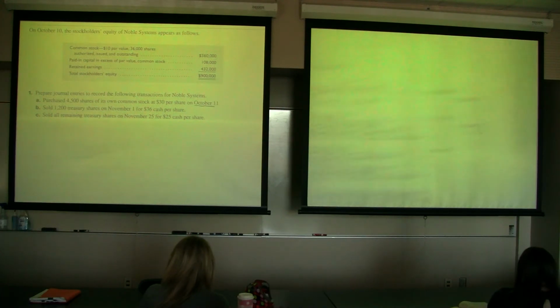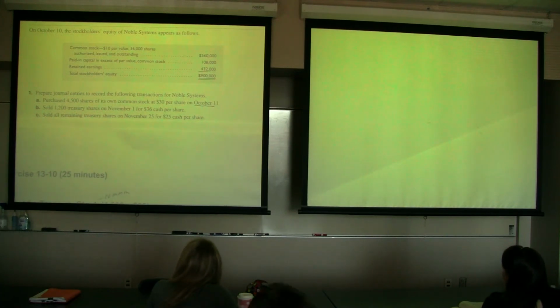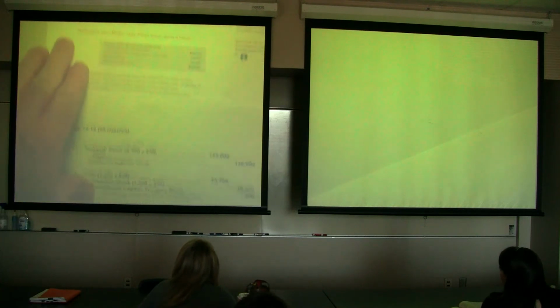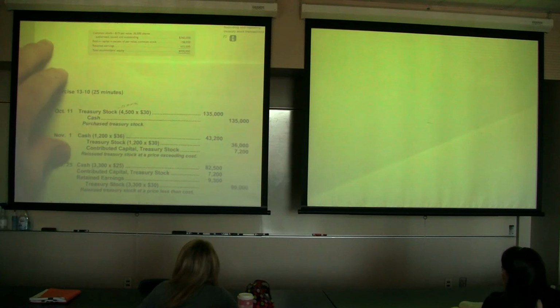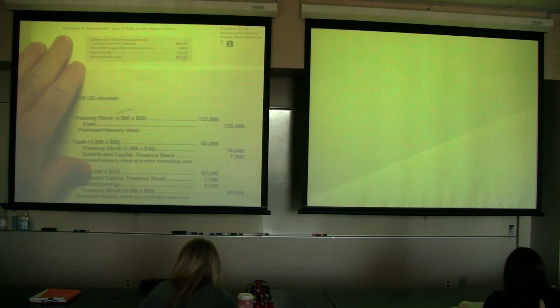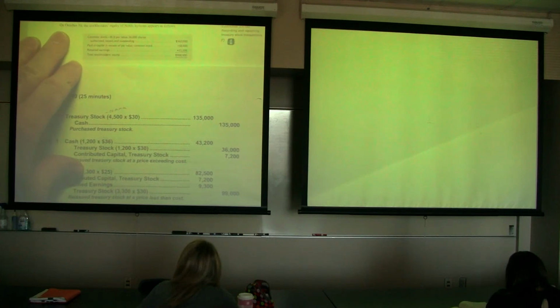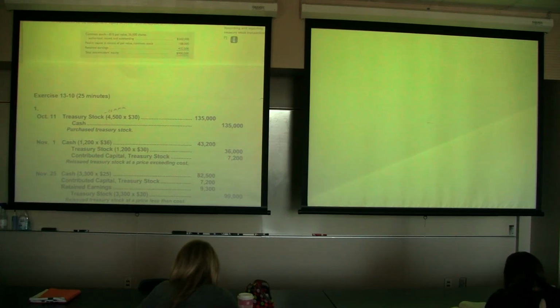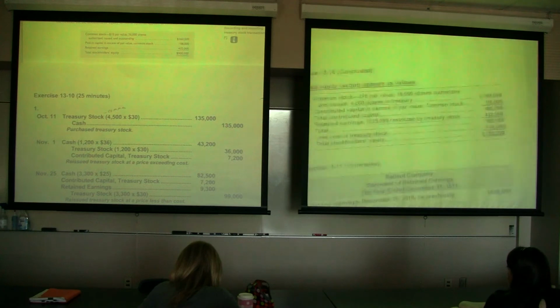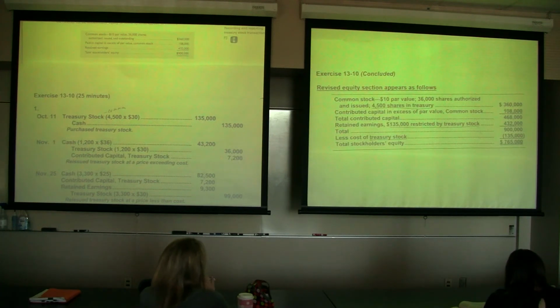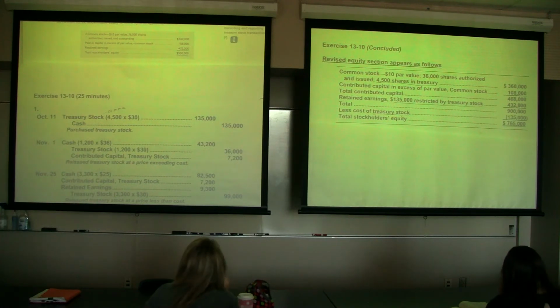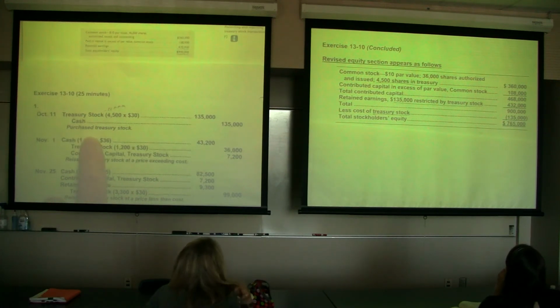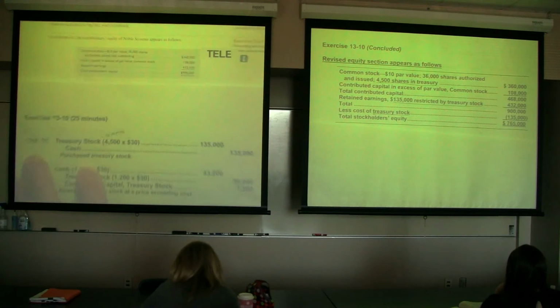So now I'm going to put this over here so we can see everything at the same time. And here's what the owner's equity section looks like after this first purchase right here.